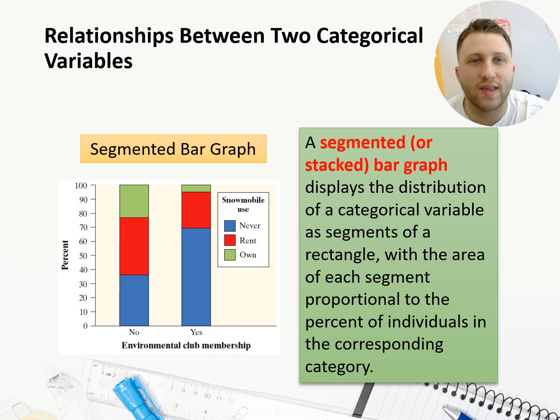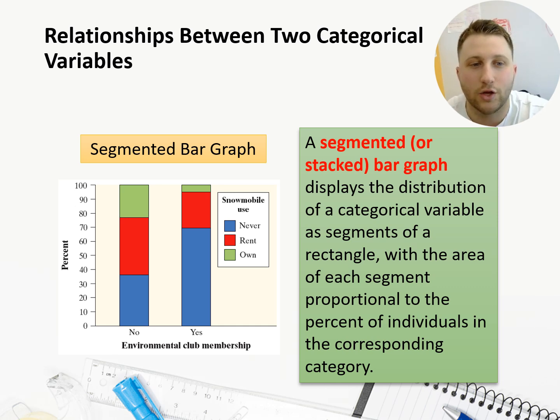We then have the segmented or the stacked bar graph, which is a very similar view to the side-by-side bar graph, where, again, the heights of the individual components are exactly the same as they were on the prior slide, but instead of them being next to each other for one value of the categorical variable, like the membership status in an environmental organization, they're now stacked up on top of each other so that you can very clearly see how they add up to 100%.